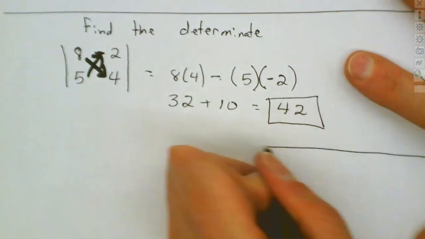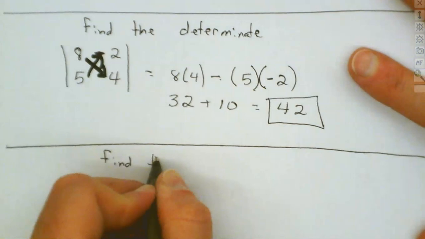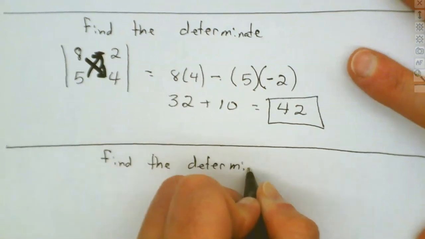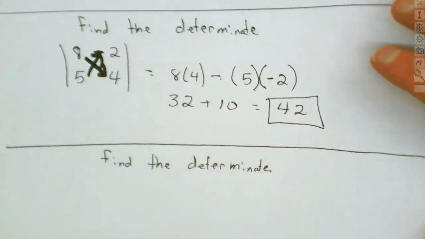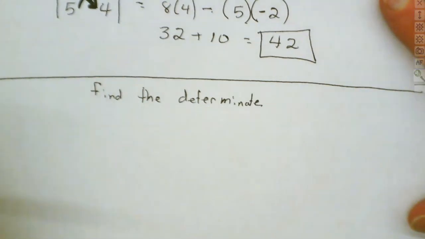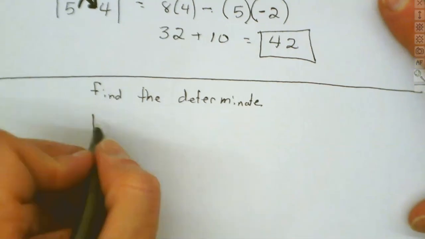Let's do another one. We're going to be looking at a 3-variable one in a moment. We're at 3 rows, 3 columns. Right now, we're just going to focus on 2. And when we look at the 3s, we break them up into 2s. So let's do one more of these.